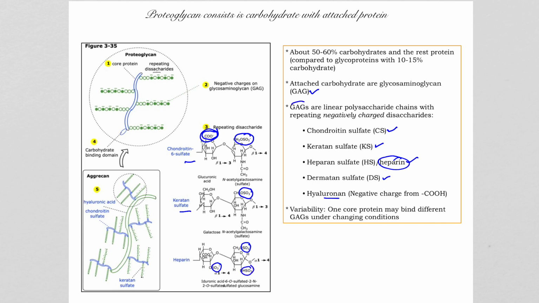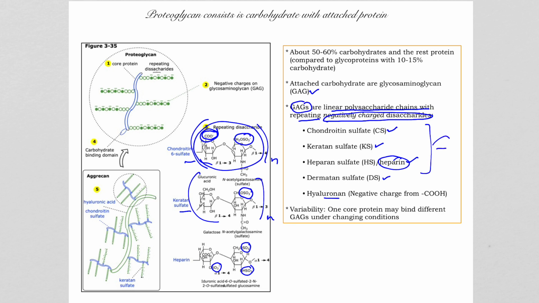So basically GAGs are linear polysaccharide chains with repeating negatively charged disaccharides. These disaccharides are repeated many times, and they are rich in negative charges.